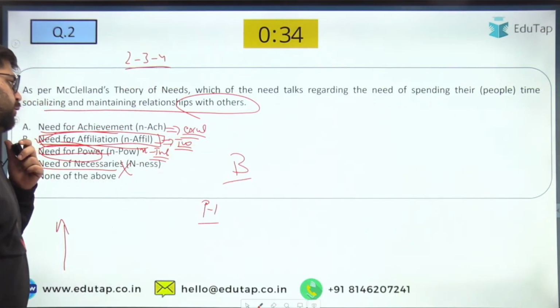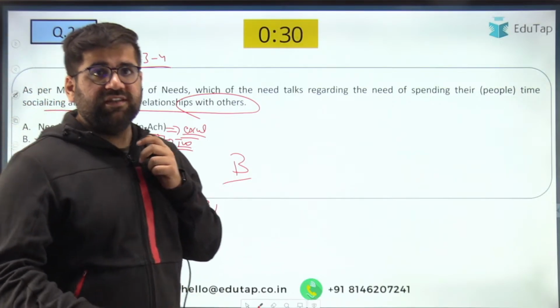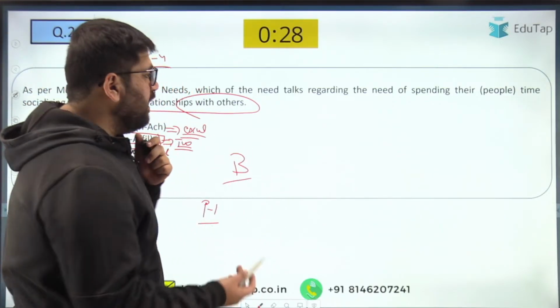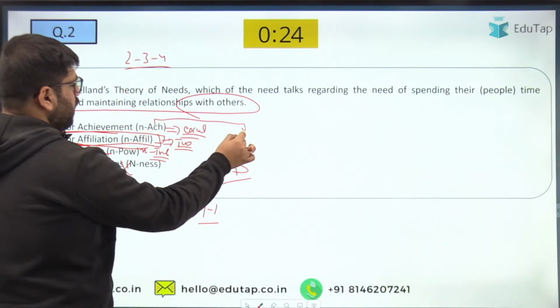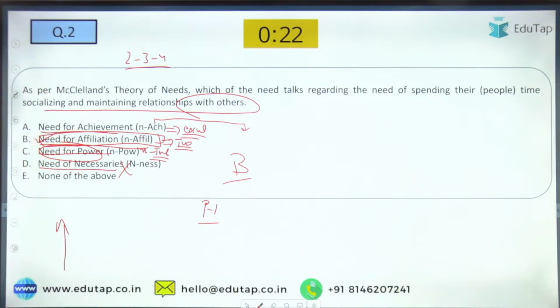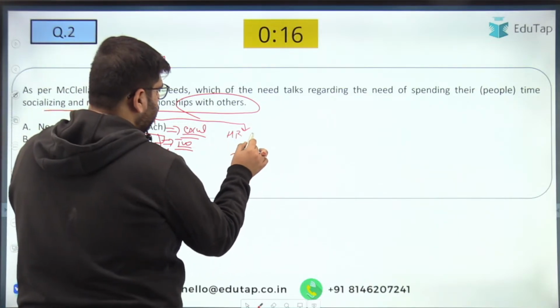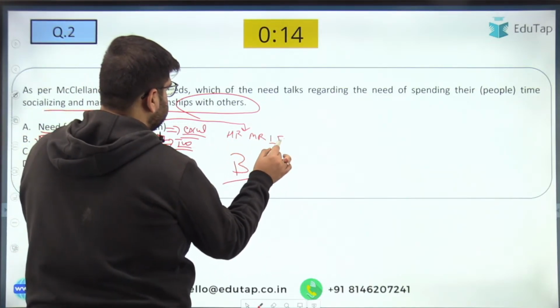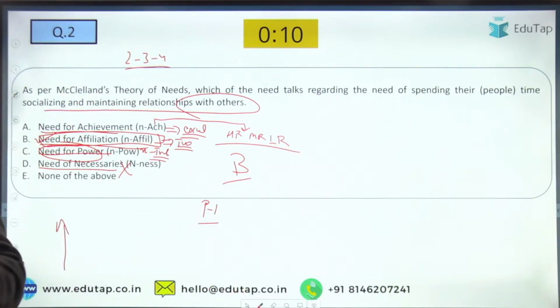My counter question to all of you, because the more counter questions I ask, the better it is, because this is a marathon session, right? If a person is driven by the need of achievement, will he work in a high risk, moderate risk, or low risk situation? This is your phase 2 level question now. Let's say Ram is driven by need of achievement.